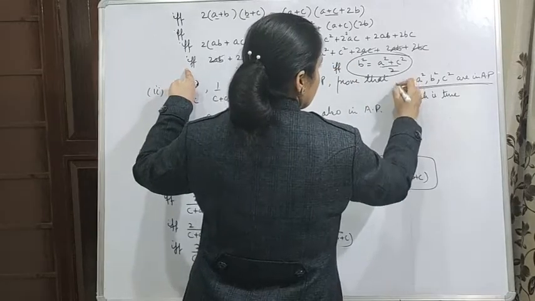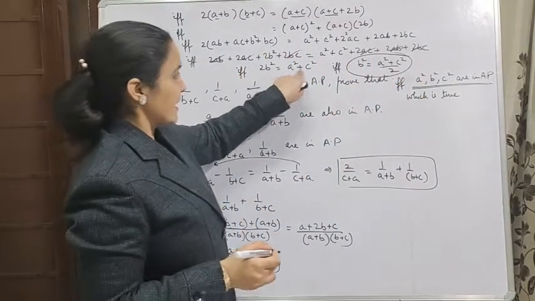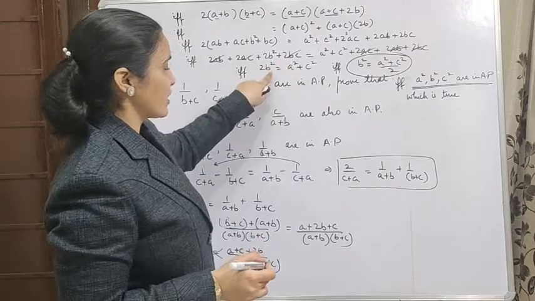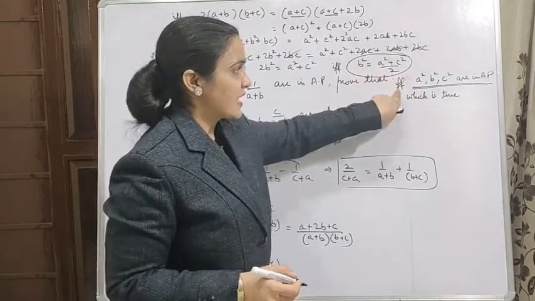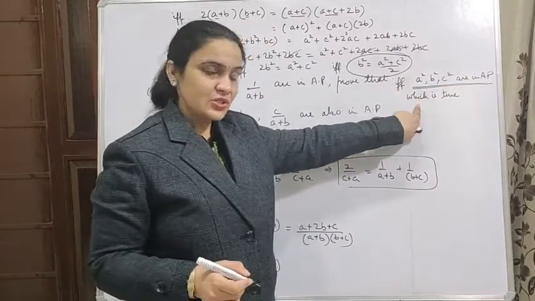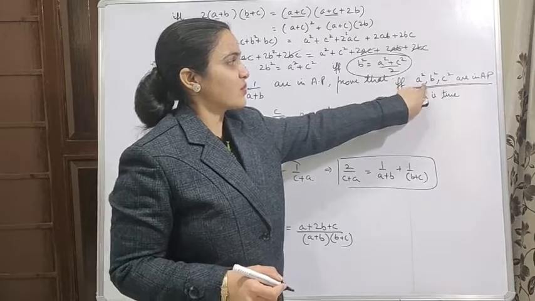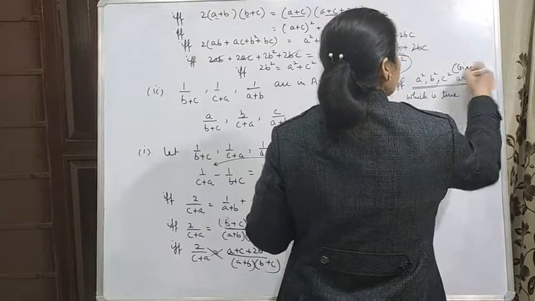Clear? This if and only if is going on, this is true if and only if this b square is equal to this, and this will imply if and only if a square, b square, c square are in AP, and this is true. So if you have a square, b square, c square in AP, because this is given to us, therefore it is true.